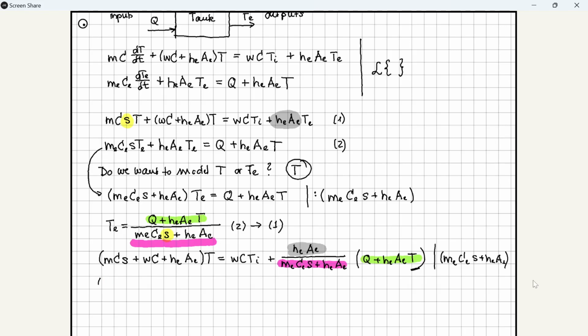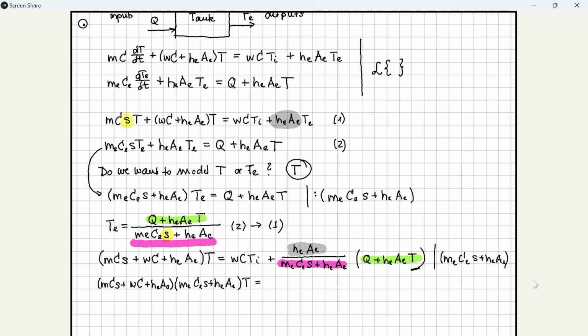So we end up with MCS plus WC plus HEAE times this bracket here now, MECES plus HEAE. And now we multiply this by T.